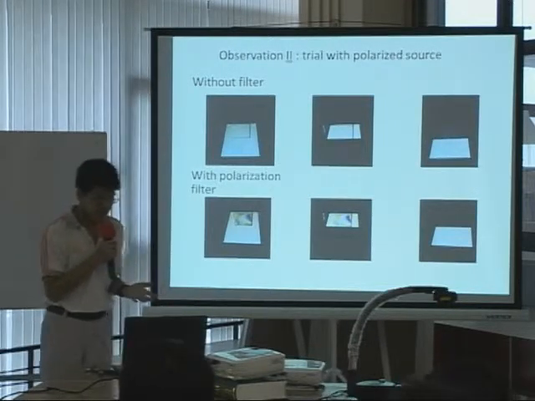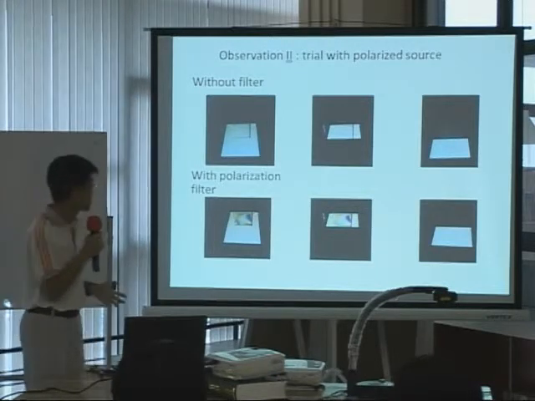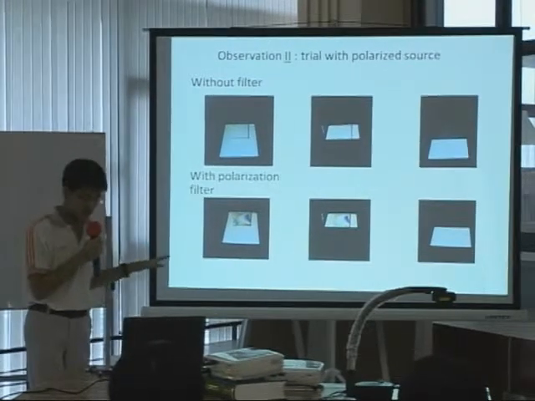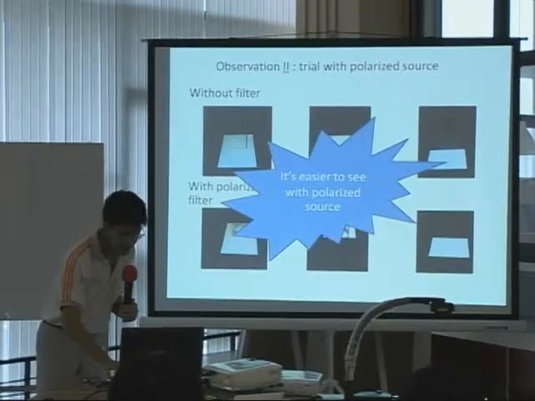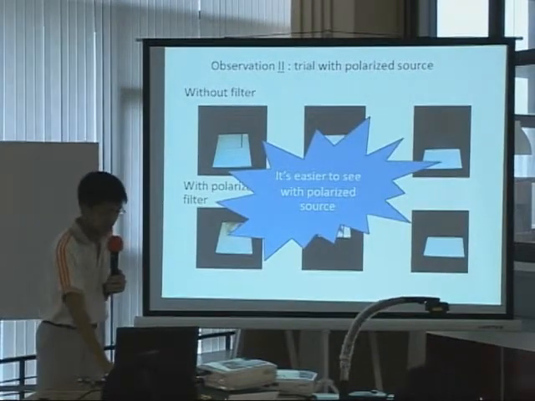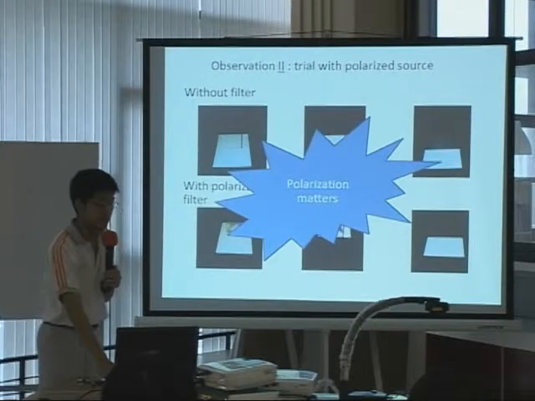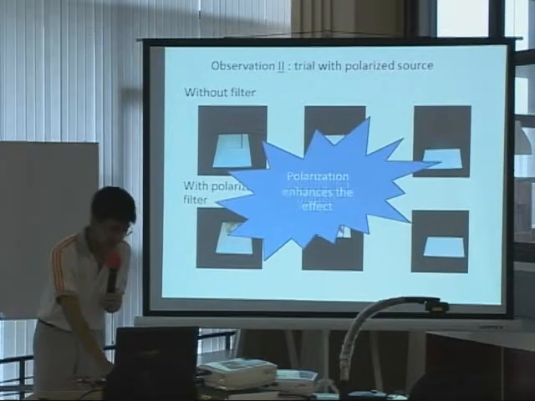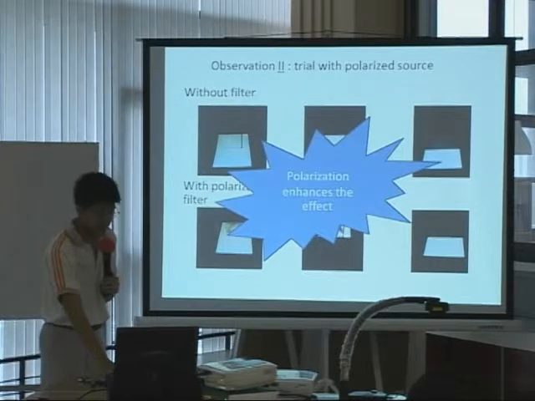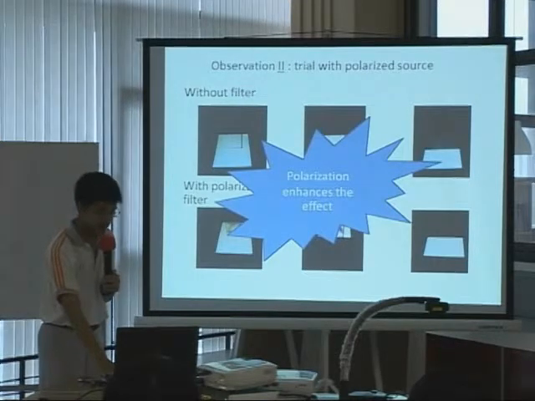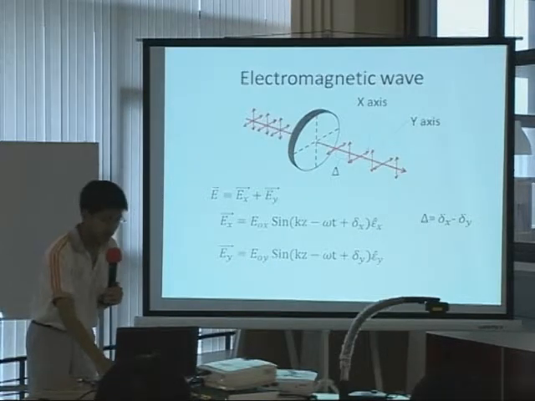And with the polarization filter, the fringes are much clearer. So it's easier to see with a polarized source. That means polarization does matter, and the polarization helps enhance the effect.